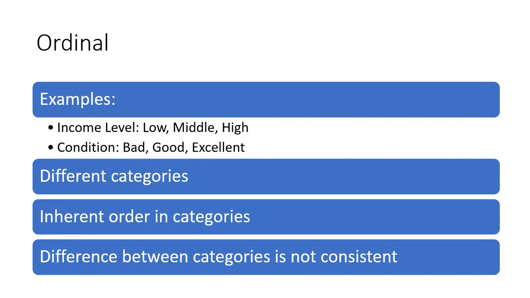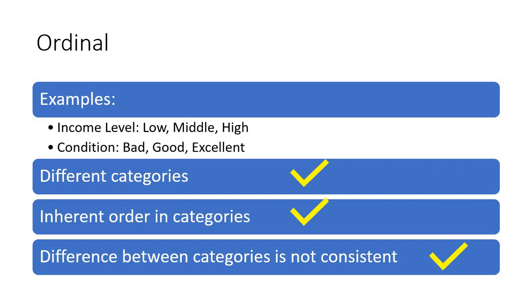The next level of measurement is ordinal, in which you represent a variable as different categories. However, there is an inherent order in these categories, but the difference between categories is not consistent. Examples include income level. Income level can be low, middle, or high.